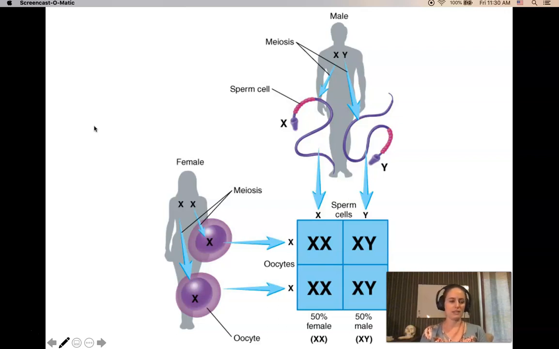Not every principle of inheritance follows the 50-50 chance rule. We do have things like incomplete dominance. We do have codominance. We do have polygenic attributes that rely on the interactions between multiple genes. The Punnett square is sort of the simplified version. The reason we use it, and the reason it applies in biological and pre-health fields, is that a lot of disorders will follow these principles of inheritance.